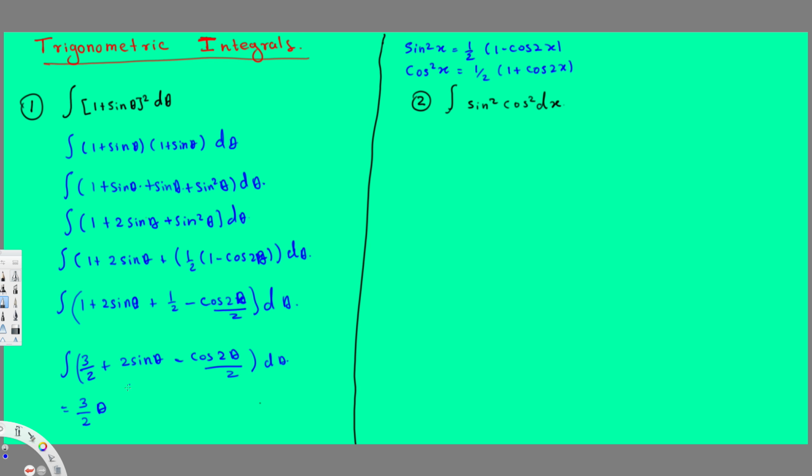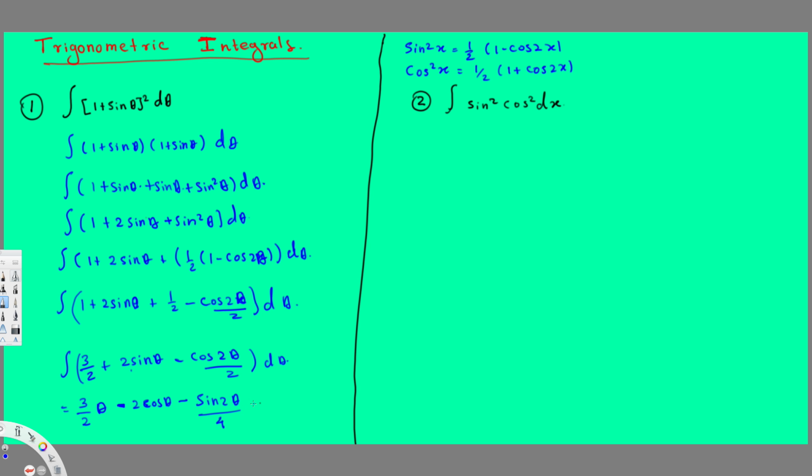Here we are going to have 2 sine theta; the integral of sine is minus cos theta, so this is going to be minus 2 cos theta. And here, minus the integral of cos 2 theta, which is sine 2 theta divided by 2, and we already have the 2, so 2 times 2 is going to be 4 all together.